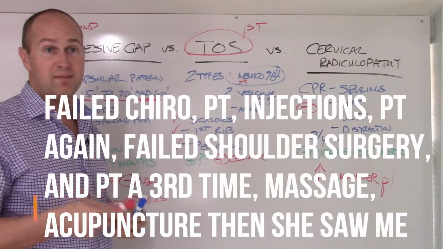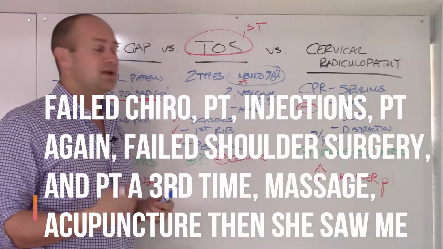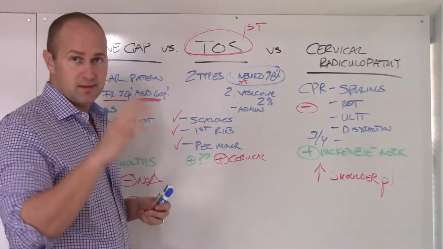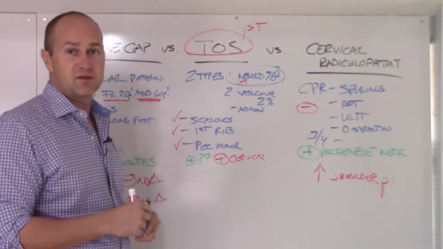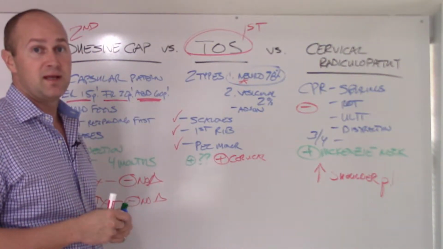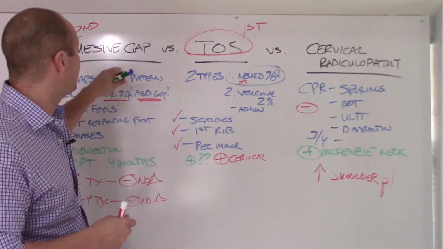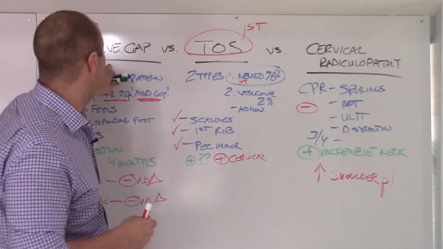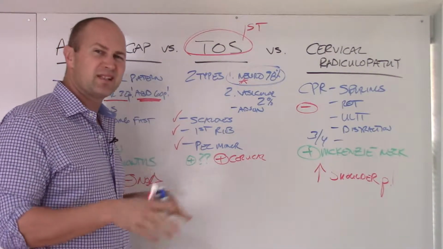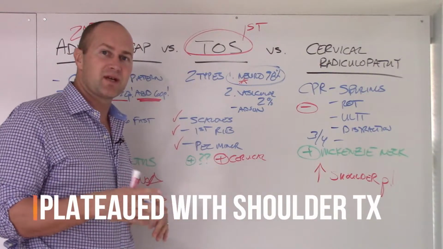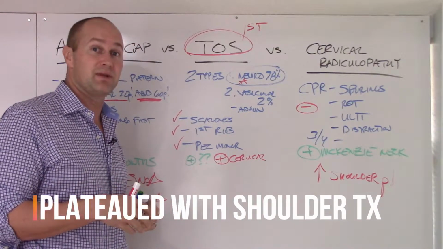PT was bad and made things worse. It just went down this huge cyclic pattern of pain, chronic pain, and CRPS. And I saw her, and I was able to get rid of her CRPS. I treated the frozen shoulder, but I plateaued. I never was able to get her above 90 degrees of abduction.